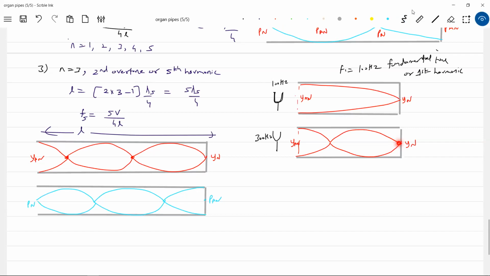The same pipe will vibrate in 1.5 loops. Now, if you bring 500 hertz, then 2.5 loops will come. Sir, I'll bring 200 hertz. Tell me what will happen.